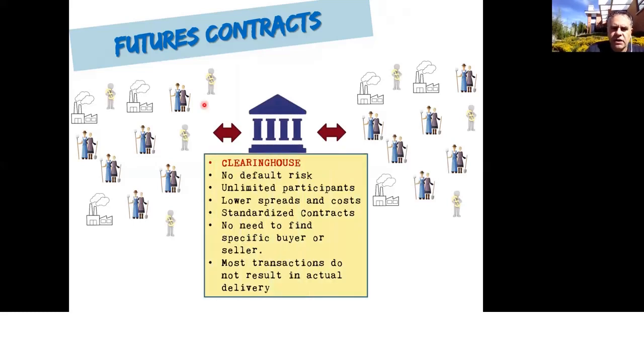So actually, you are dealing not with a counterparty, but actually with the clearinghouse, which provides no default risk because they do a daily mark-to-market operation. There is an unlimited number of participants. There are lower spreads and costs in consequence. Contracts are standardized. There's no need to find a specific buyer or seller for your product. And most transactions actually do not result in actual delivery of the underlying asset.